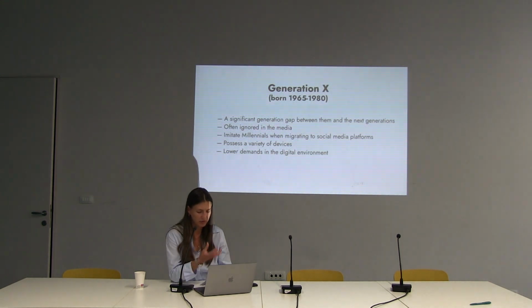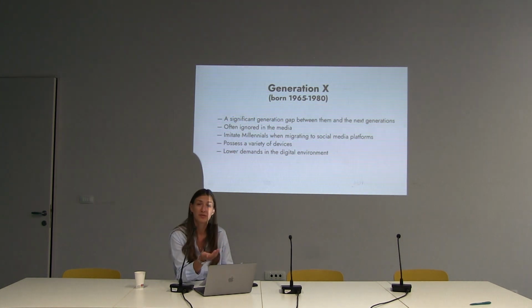The period of youth is no longer biologically determined, the period of childhood is no longer biologically determined, and the period of older age, of retirement, is no longer biologically determined.